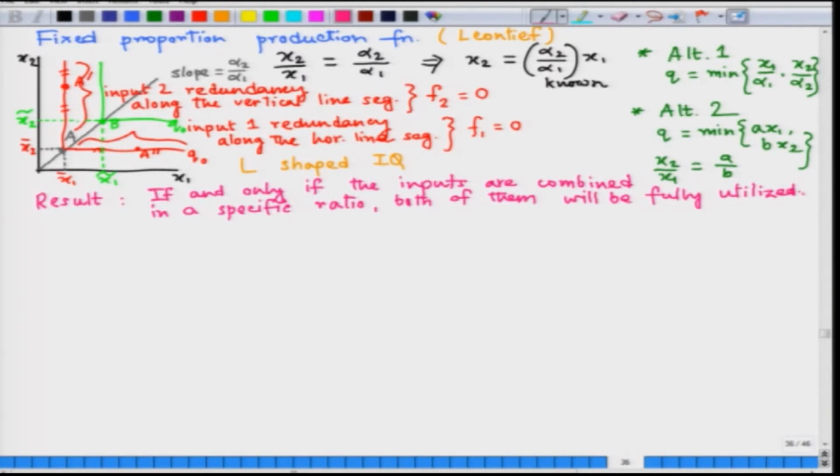So, along the vertical segment of the L-shaped isoquant, the marginal product of input 2 is 0. So, that means that we have the formula of MRTS, remember, that is F1 over F2.